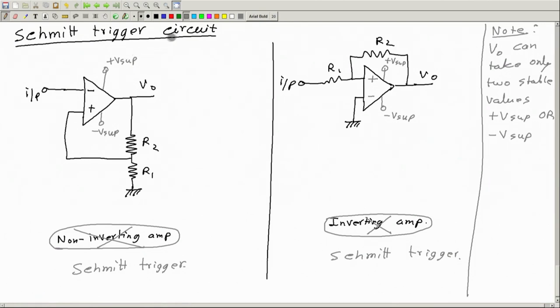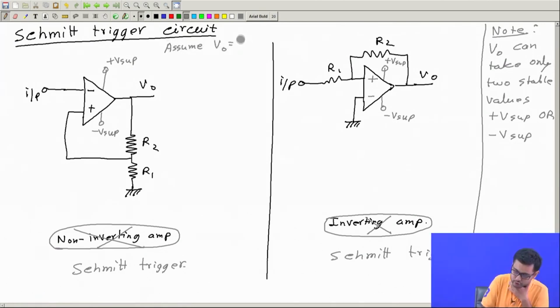So, assume VO is equal to plus V supply at some moment. At this point, what can I write? V supply positive. So, what will be the value of the voltage at this point?